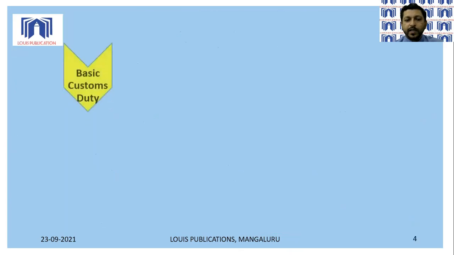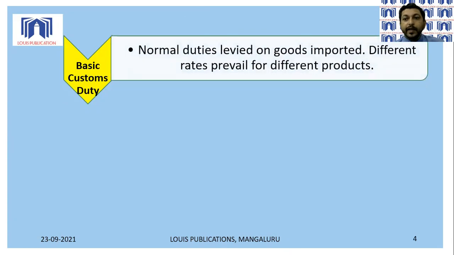Let's look at basic customs duty. What does that mean? When goods are being imported from a foreign country, when goods are being imported into India, it becomes a duty of the importer to pay tax. But we don't use the word tax when it comes to customs. We use the word duty.